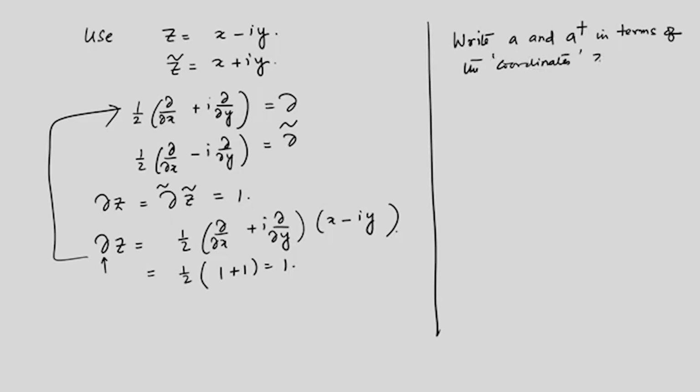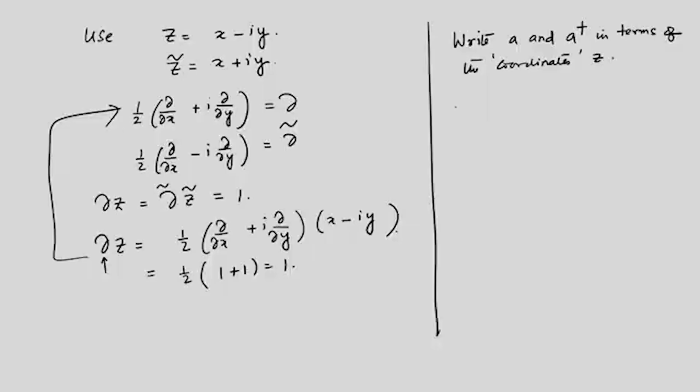I am using this in quotes because x and y are definitely coordinates. So z is a coordinate which is a combination of x and y, but now in the complex plane, because it is x plus i y or x minus i y.